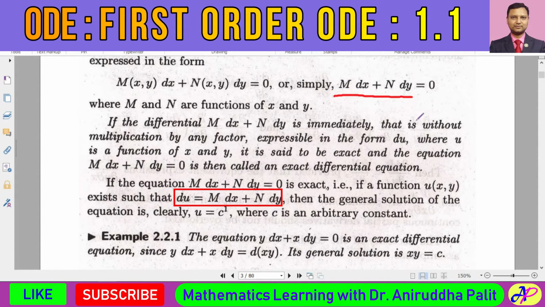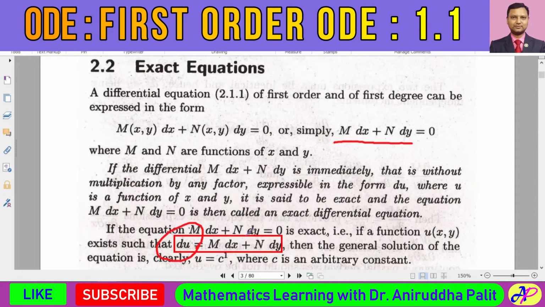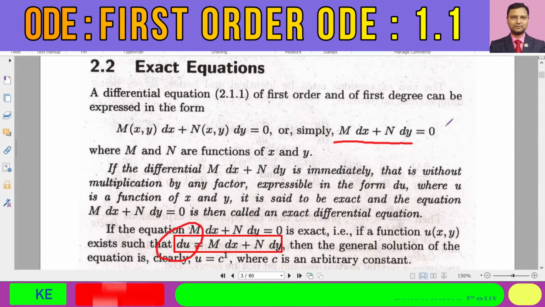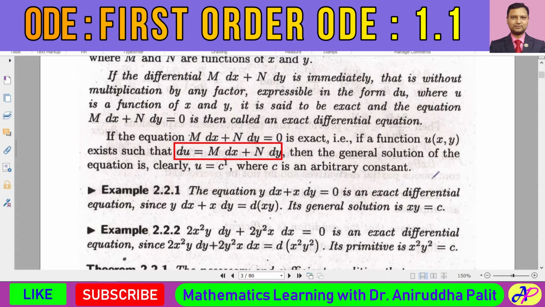Now, if this M dx plus N dy is represented as the differential d of a certain function u, in that case we say that this differential equation is an exact differential equation, and we can directly integrate it. And what would be the solution?